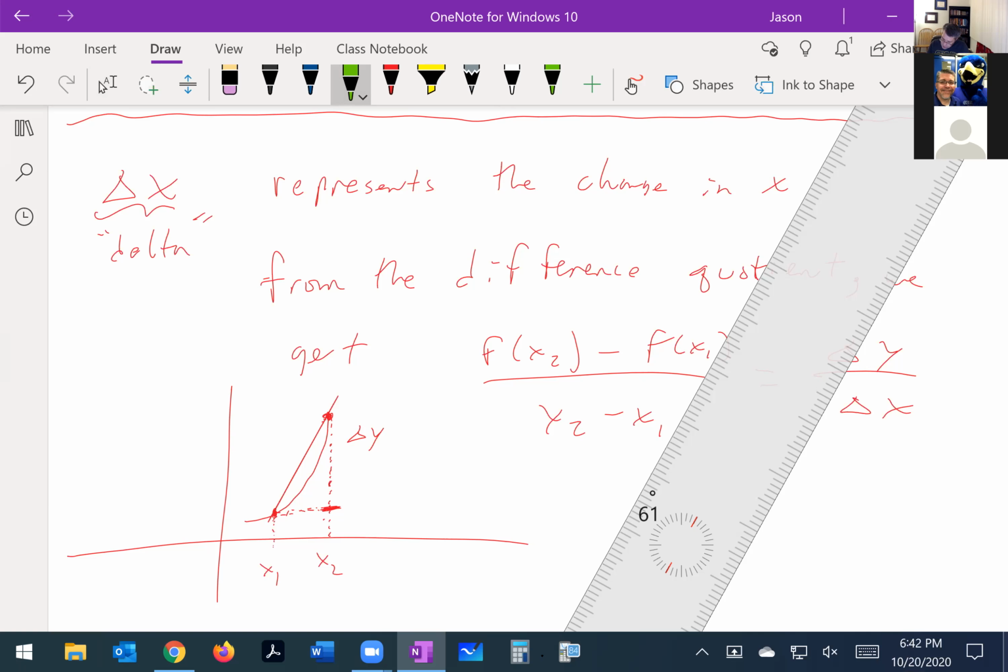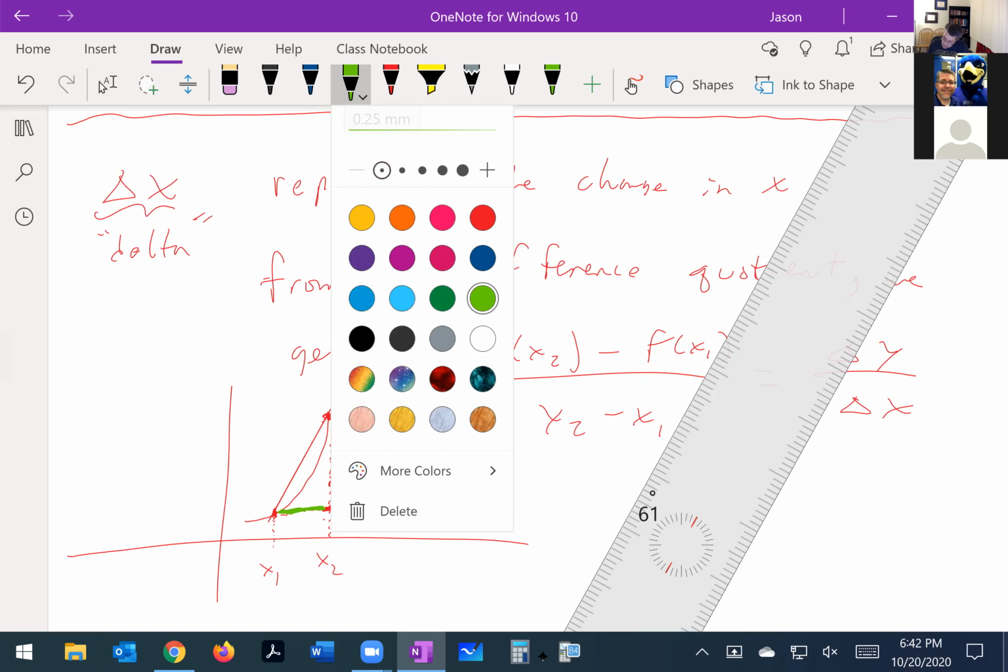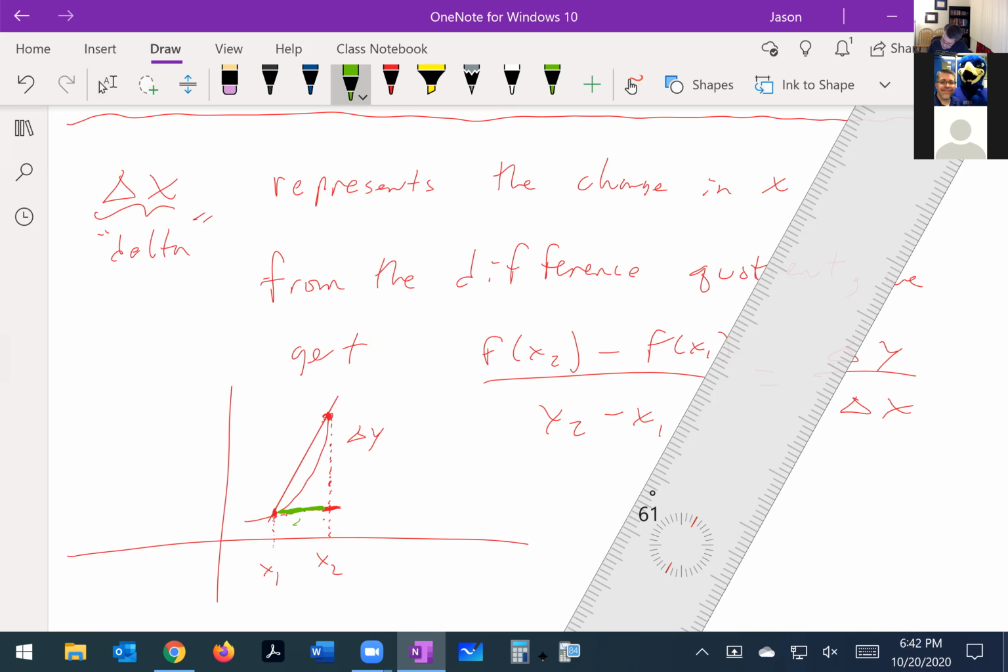Maybe I should put this in a different color. Call this distance here delta x. And this distance here, we're going to call that delta y. So change delta x, delta y.